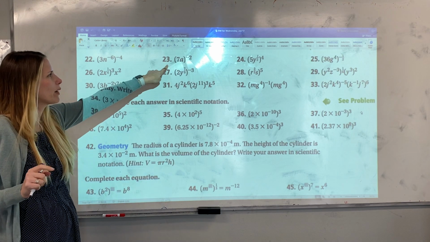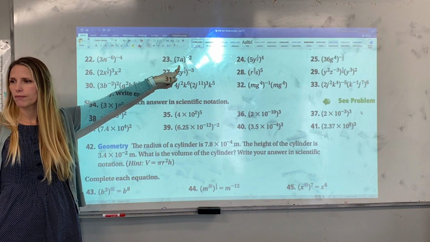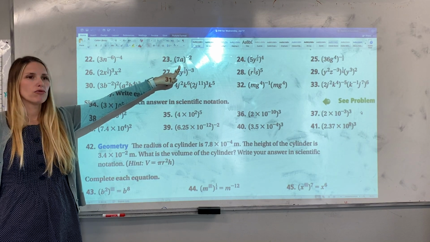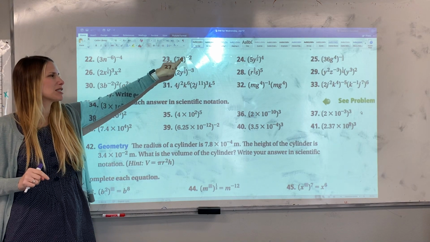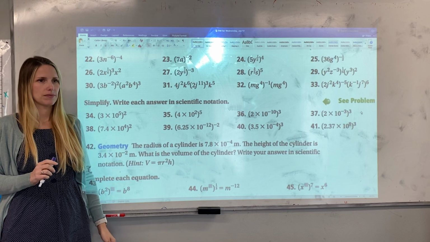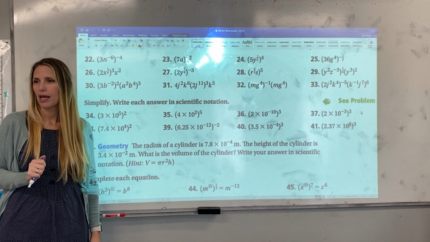All right, number 23. Okay, new concept, new rule. Brand new to the people who didn't have my class yet. Ricky, can you explain what to do when everything inside these parentheses is to the power? Oh, I think you could put the power to both of them. Yes, the power belongs to both of them.